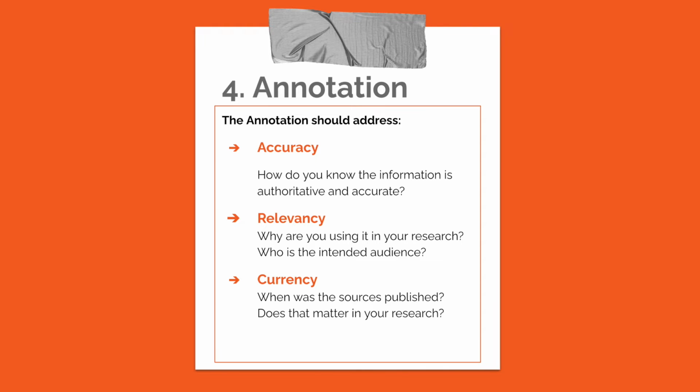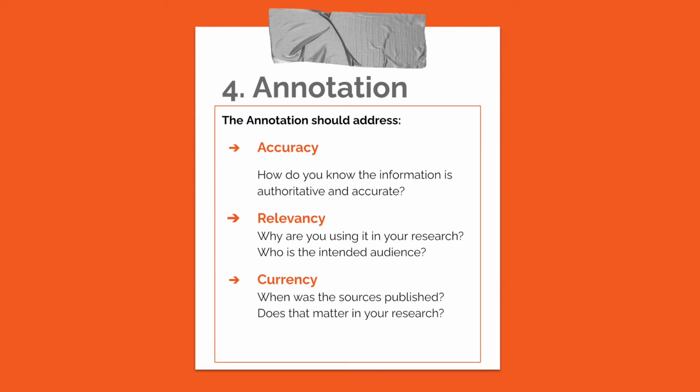It also tells who's the intended audience. Not all research is created for the same person. So for this annotated bibliography and research, the audience is your professor, but sometimes it's meant for students, high school students, or students of a younger age, or for experts.